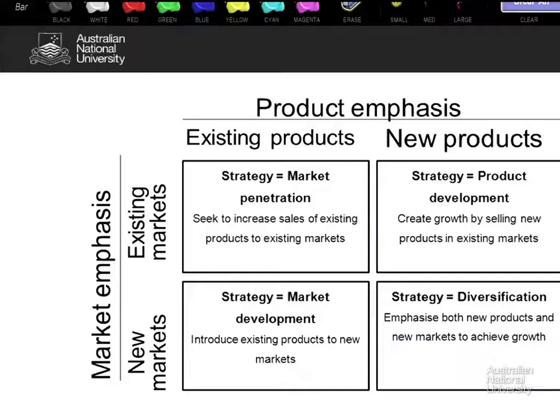Similarly, if you take a strategy of product development where you've got new products going to existing markets, it's a different set of segments than if you're going to introduce a new product to a new market or an existing product to a new market. All of your segments and your segmentation approach has to be driven off your overall strategy.